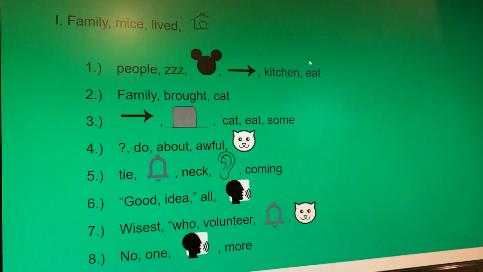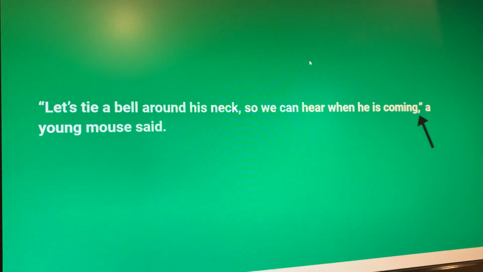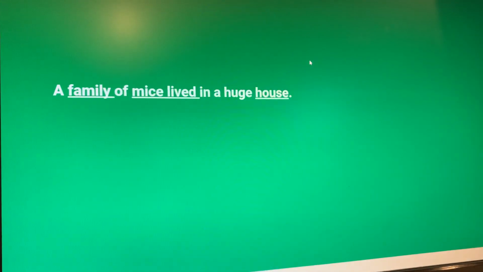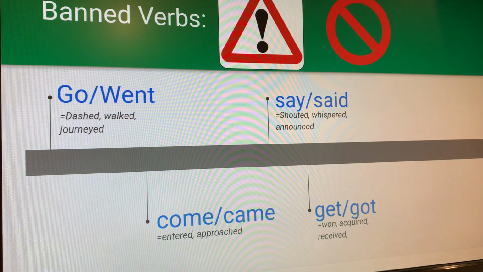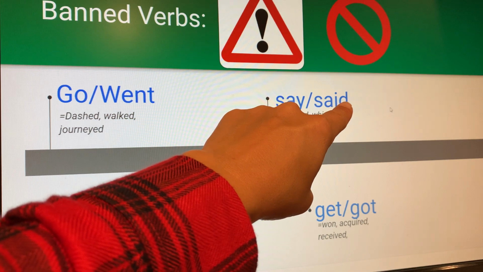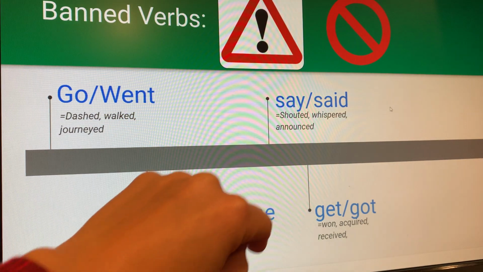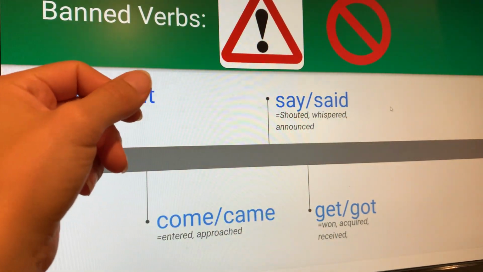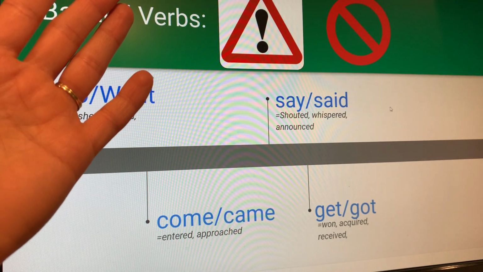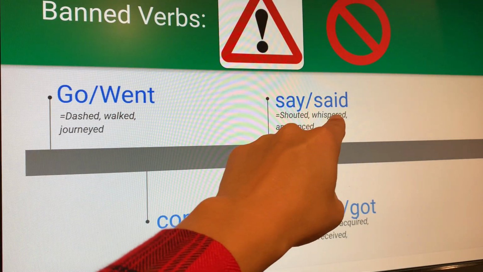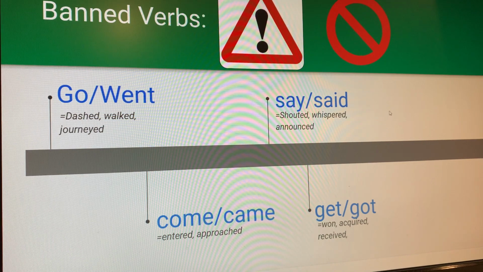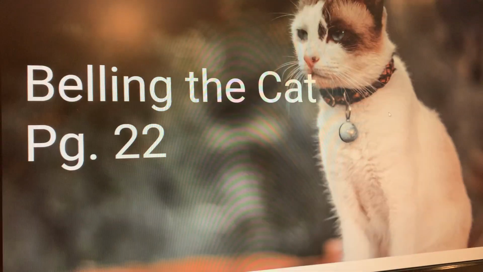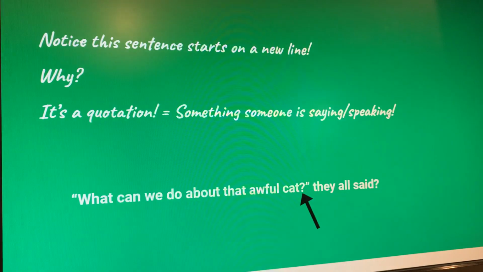What that strong verb means is, in your writing, when you say the wisest mouse said, instead of saying said, you're gonna use a stronger verb. You could say the wisest mouse whispered, or whatever stronger verb you want to use. So that's what that part of your checklist is asking for.